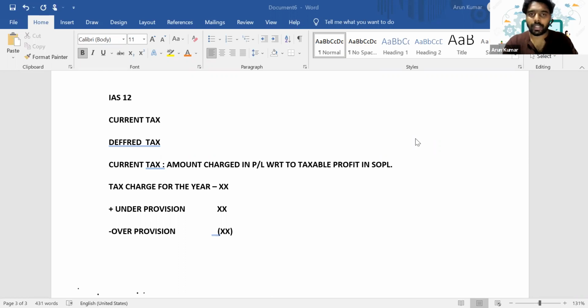Will you charge it to P&L? Yes, we will expense it off, right? But what about the tax authority? Will they allow entertainment expenses? No. The tax authority won't allow such entertainment expense. They will ask you to add it back.